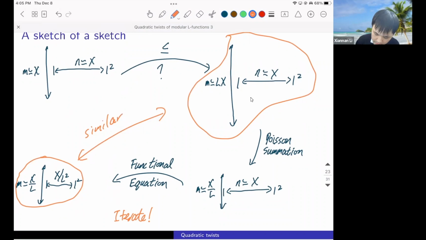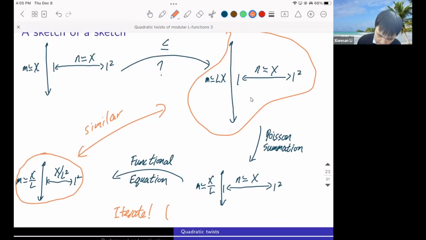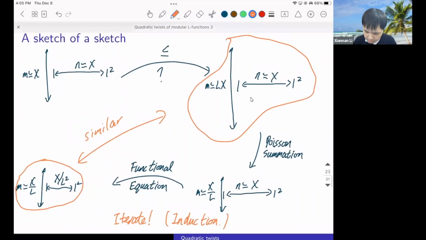One thing that I'll mention is that, in fact, the argument itself will be phrased as an induction argument, because it's just a little bit cleaner to phrase it as induction. Okay. So that's my sketch of a sketch. I have yet to really explain anything, but this is what you can expect.